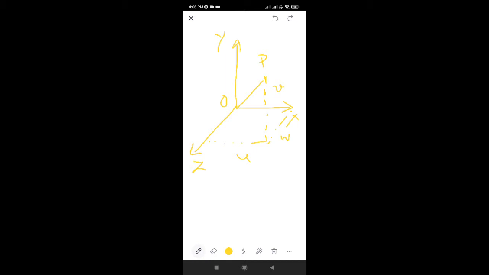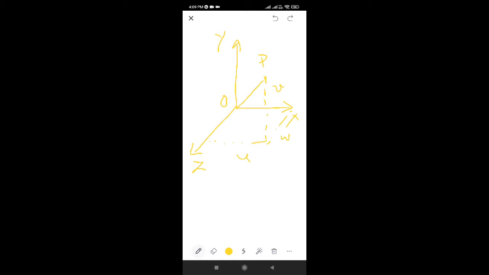That means your molecule has components of velocity along the x, y, and z axes. The x component is u, the y component is v, the z component is w. These are the projections of this OP vector on the x, y, z axes respectively.